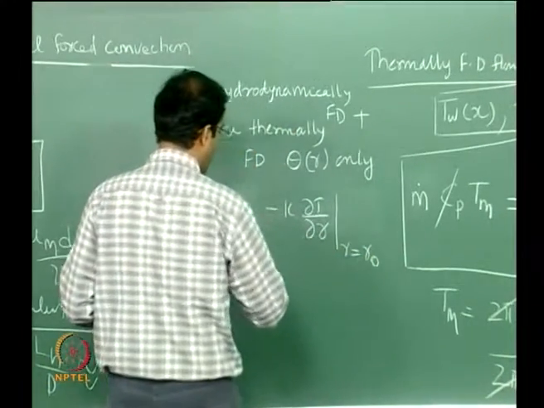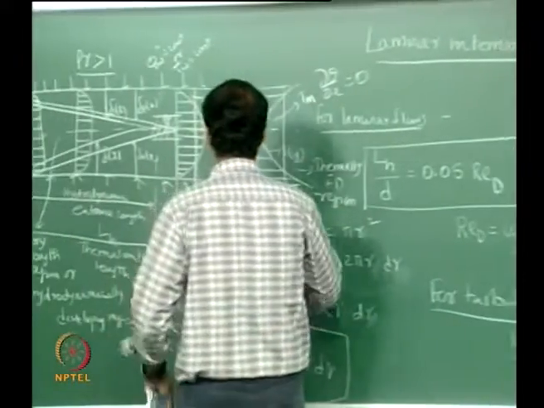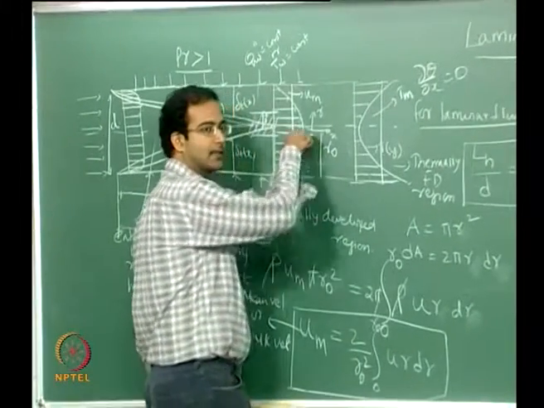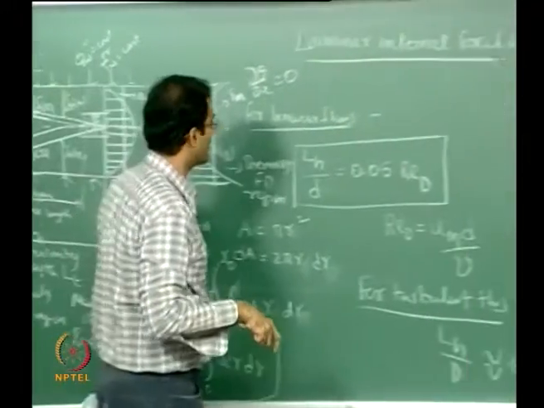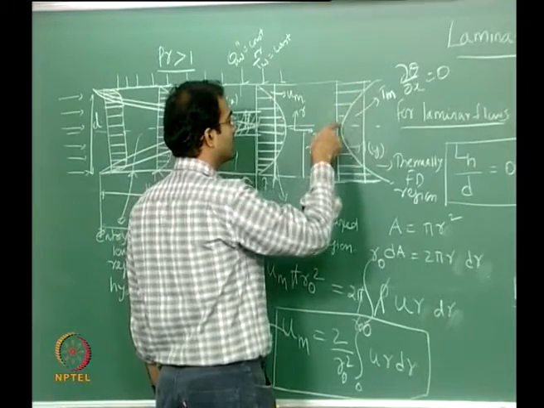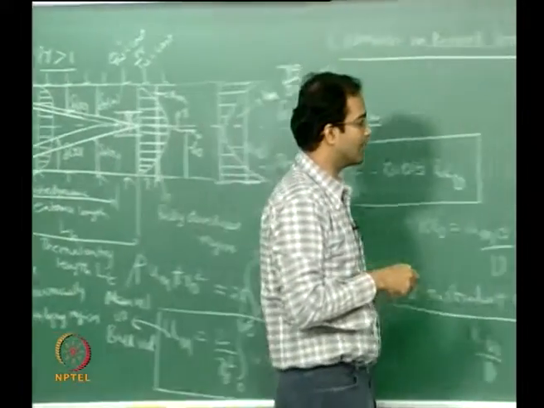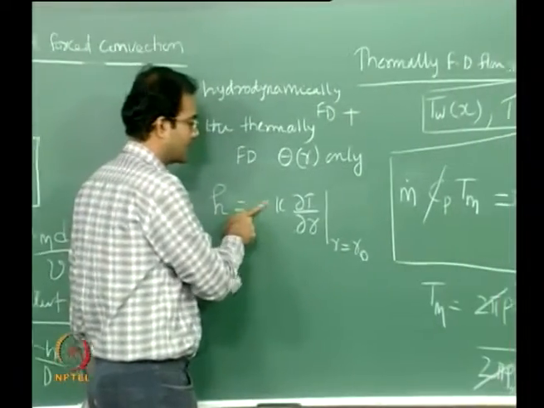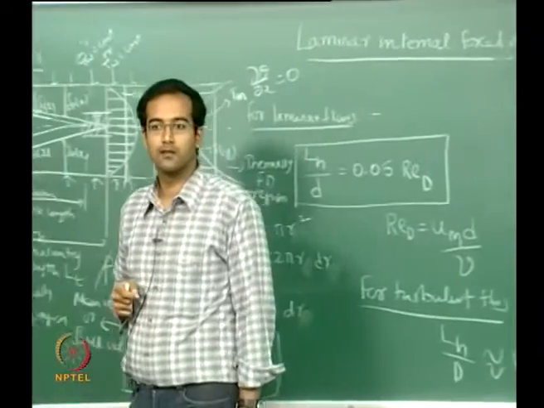Now you have to be careful with the sign, because the coordinate is going from the center, it is not coming from the wall. The temperature increases with increasing r, so you don't have to put the negative sign here, as the gradient will be positive anyway.